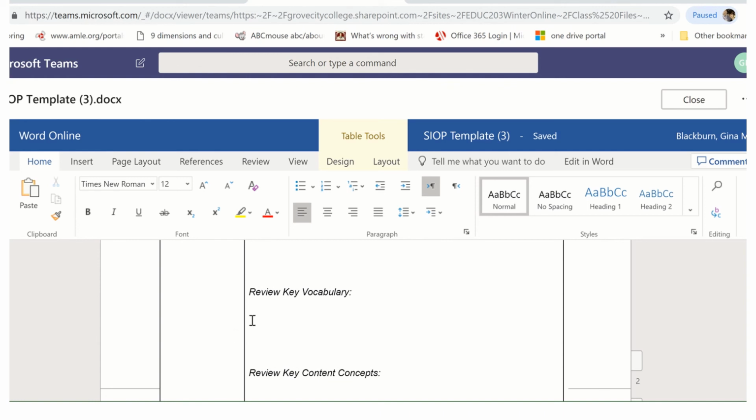So let's just say I choose to review. I will review new vocabulary using the fly swatter game. Okay, so, oops, I spelled vocabulary wrong, sorry.